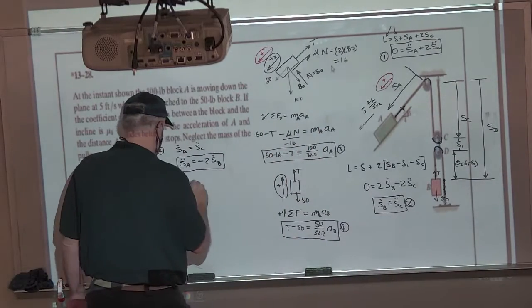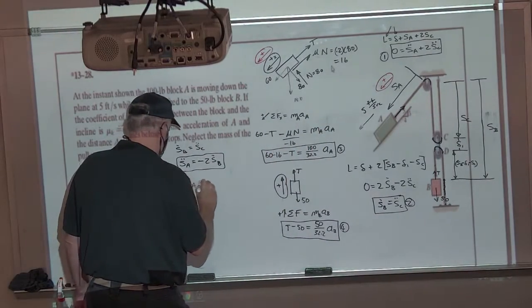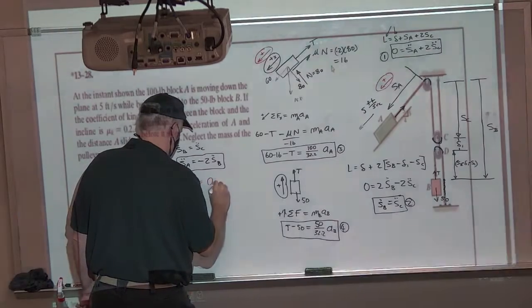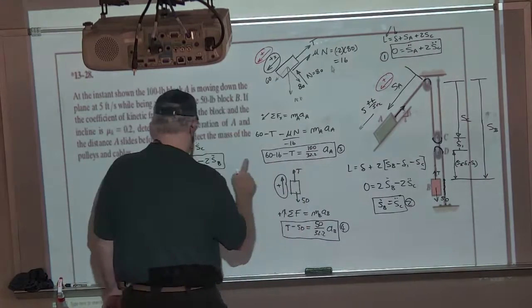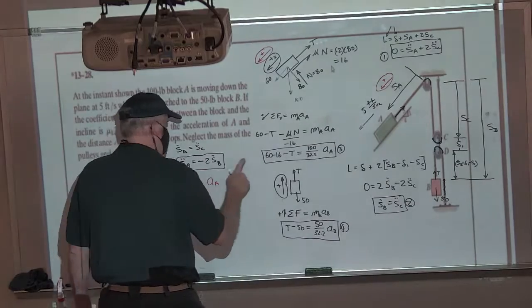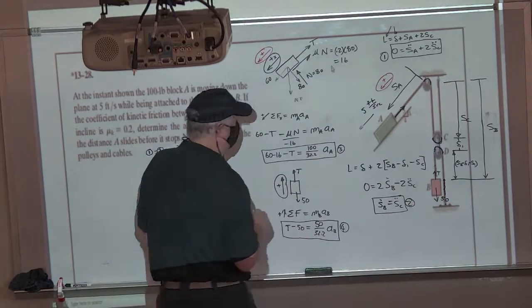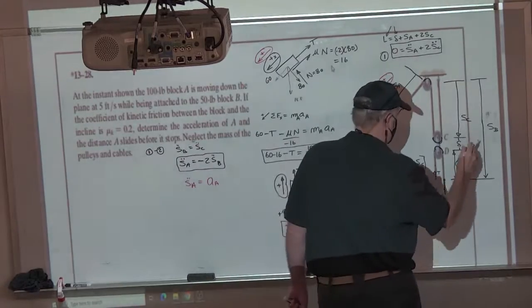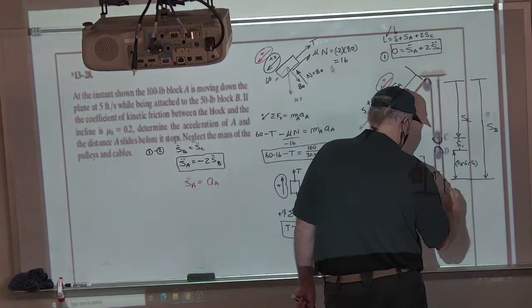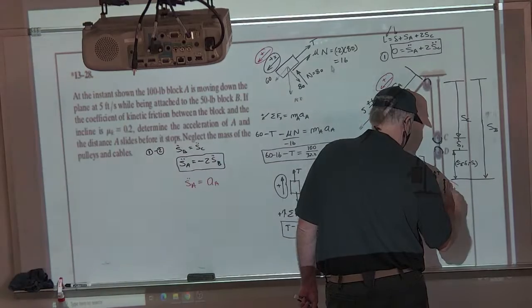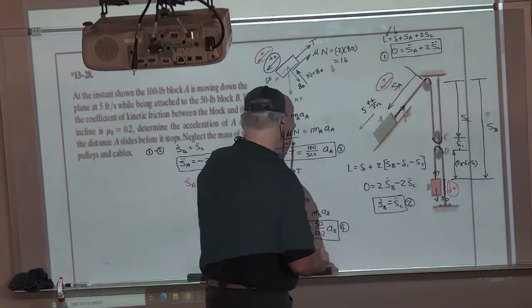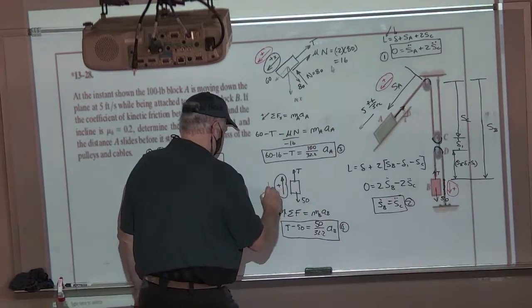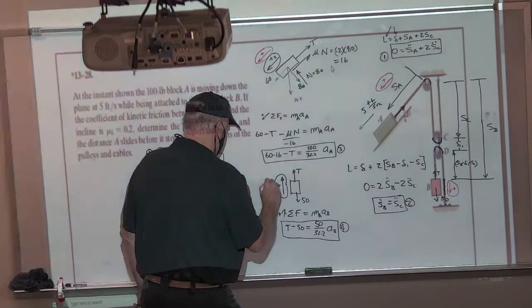SA double dot is equal to the acceleration of A. So in other words, this is equal to that. Now, in this one, SB points downward. But guess what? I made the acceleration point upward.